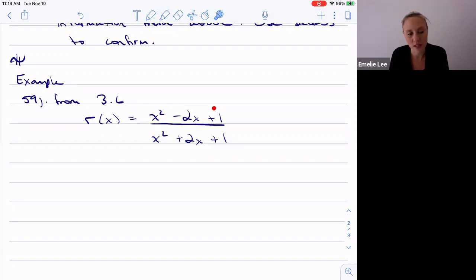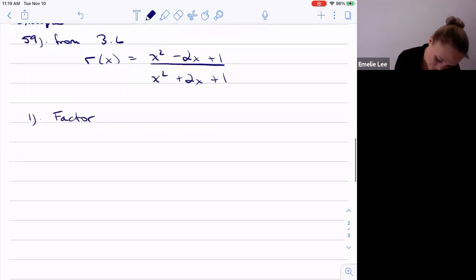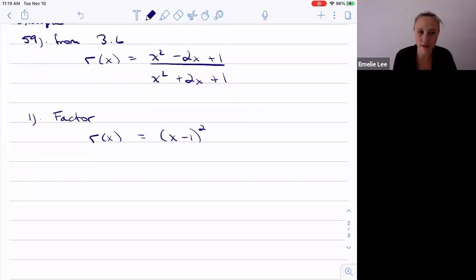Sounds like -1 to me, right? First, I'm going to factor. So r of x is going to be x minus 1 squared, right? x minus 1 times x minus 1.